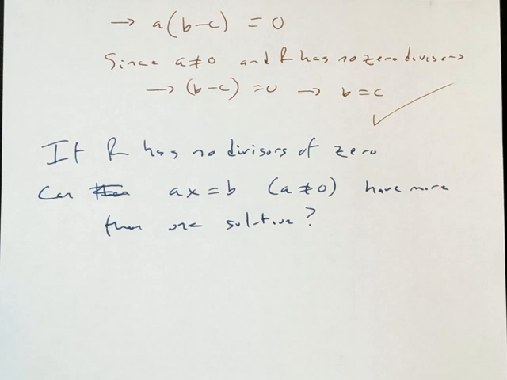And when we did it, we found one and only one solution. It wasn't unless there was some weirdness about not being relatively prime. We already said not relatively prime means divisor of 0, and I don't have any of those. I think the answer is no. You can only have one solution.